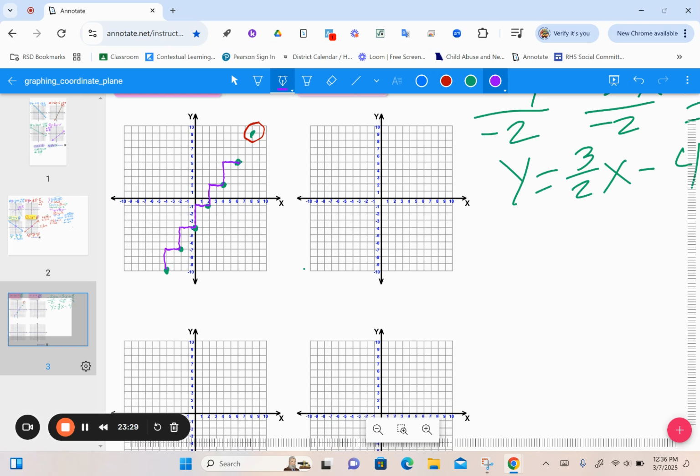But then when I go to this stair step, something is off. And what's off is this rise. I went up too high. So I need to redo that. So let's go up 1, 2, 3, right 2. Now the stair step looks correct. Now we can graph our line.